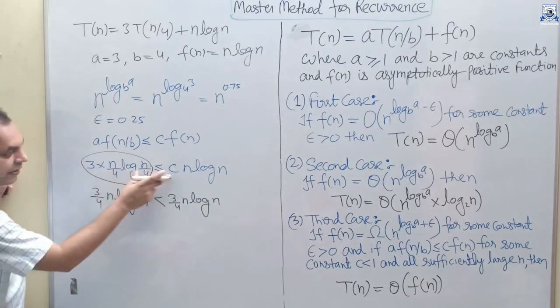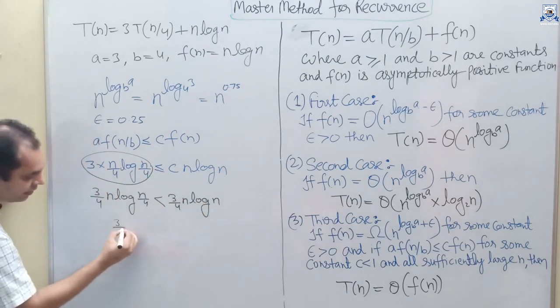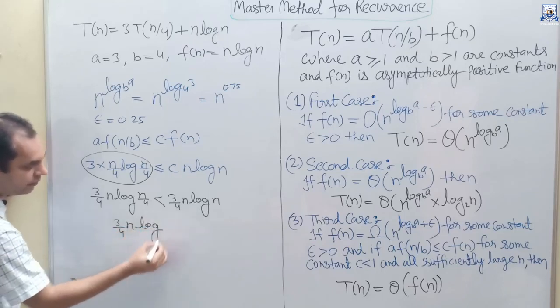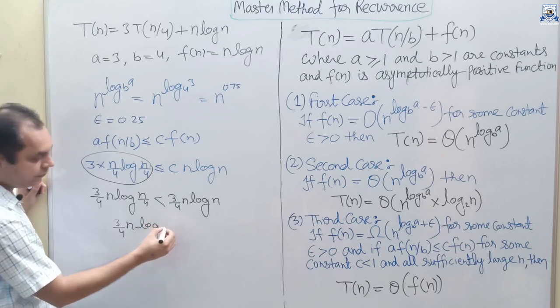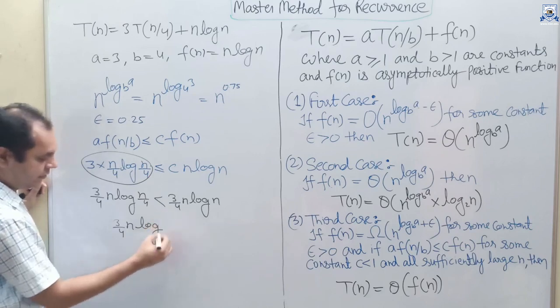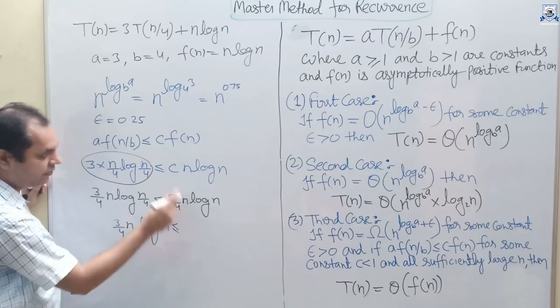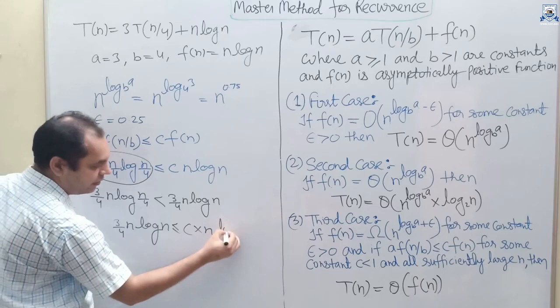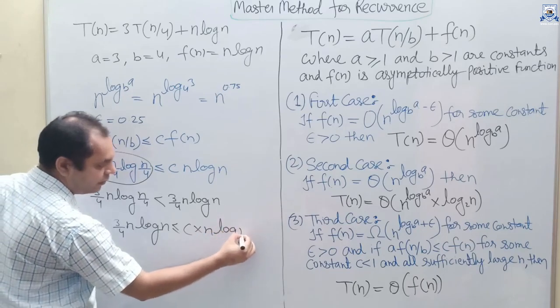So I can rewrite this like this: 3/4 n log n less than or equal to c into n log n.